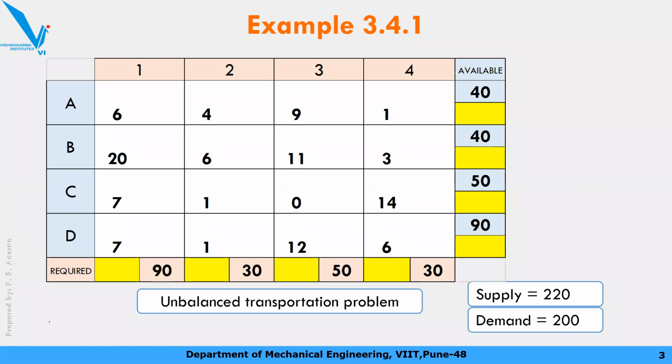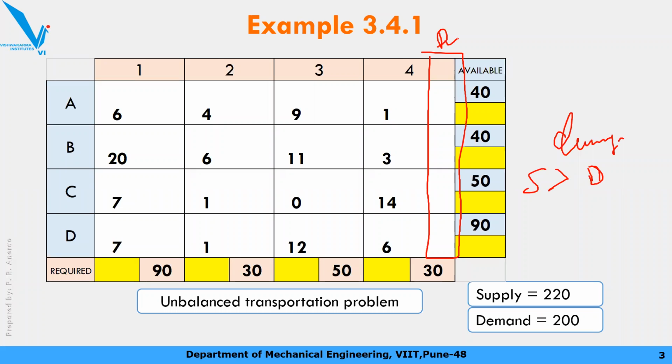Now, how to resolve this issue? Simply add a dummy. If supply is greater than demand, add a dummy column. That means create a dummy demand.